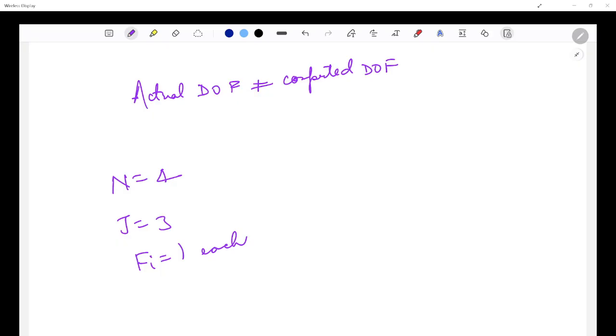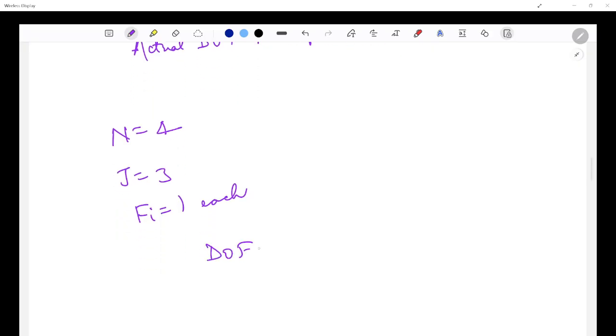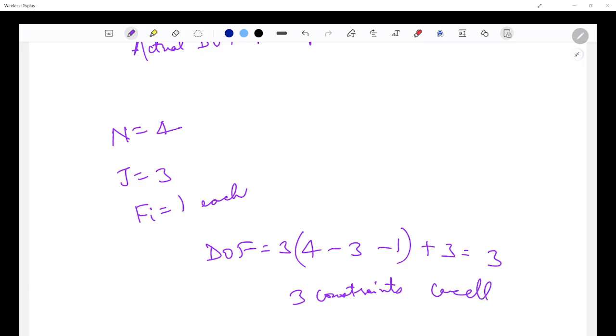So our degree of freedom is 3 into 4 minus 3 minus 1 plus 3, which is equal to 3. But due to constraint dependency, 3 constraints cancel. So the effective degree of freedom that you have is 0.